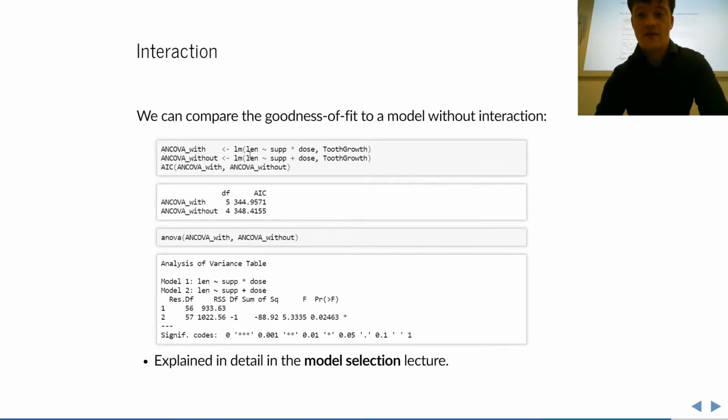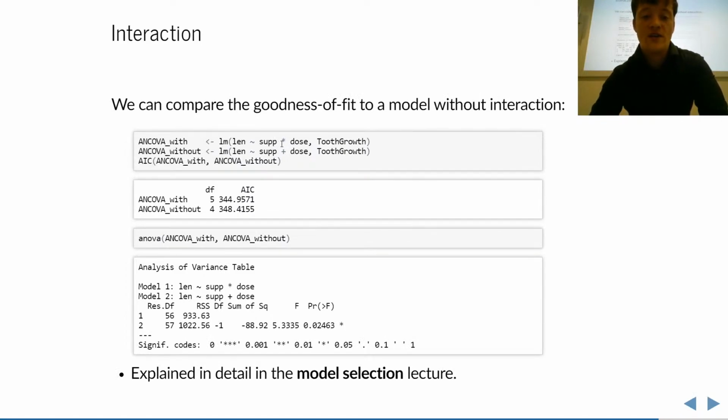So here I have one model with interaction using the multiplication sign, and one model without interaction using the plus sign. And then I say AIC, Akaike's information criterion, which we will discuss in the second lecture, but for now just remember lower is better. In this case, the ANCOVA model with interaction has a lower AIC, so that would be the better model according to AIC.